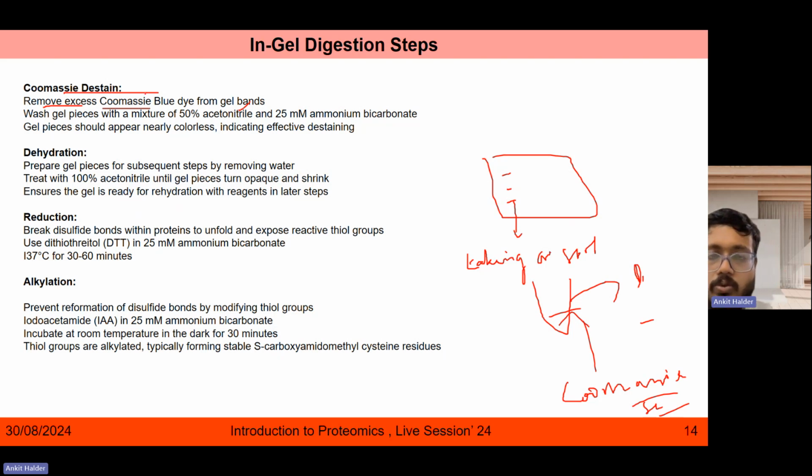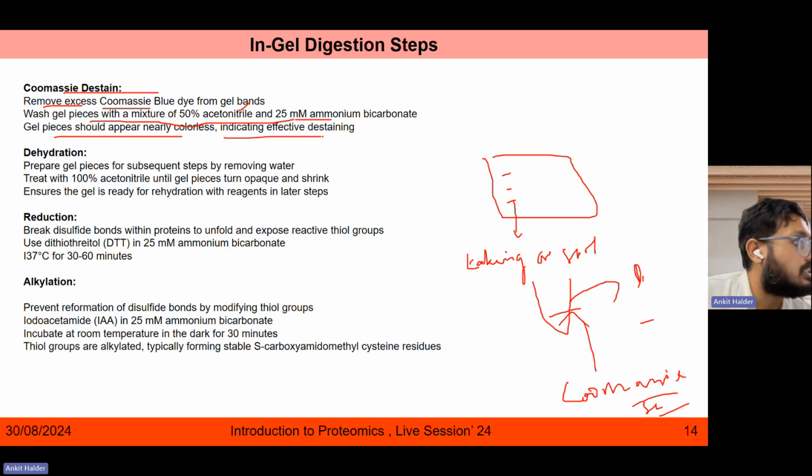Coomassie blue binds to hydrophobic things, so we wash with 50% acetonitrile and 25 millimolar ammonium bicarbonate until the gel bands appear nearly colorless, indicating effective destaining.